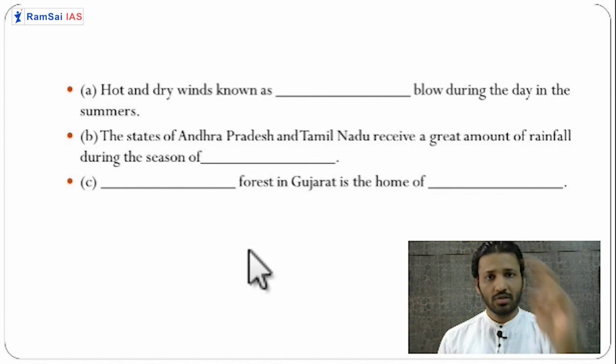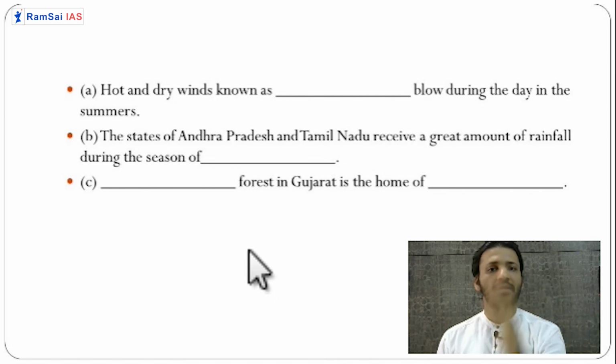But when the northeastern monsoon starts, these winds get obstructed by the Eastern Ghats, and Andhra and Tamil Nadu receive a great amount of rainfall during the retreating monsoon. We will study this in detail, but this NCERT hasn't mentioned much, so I'm not discussing it here.